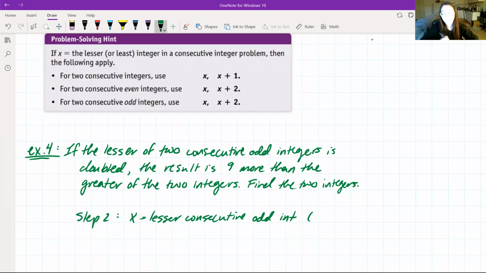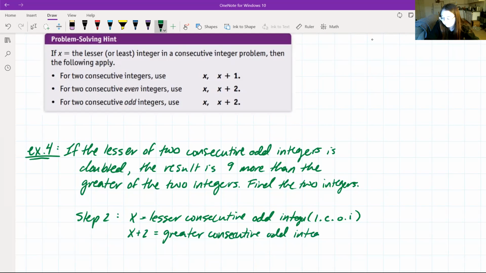And we're going to write this quite a few times. So we're going to say that this is the LCOI, the lesser consecutive odd integer. So this means that if x is the lesser consecutive odd integer, x plus 2 is going to be our greater consecutive odd integer.